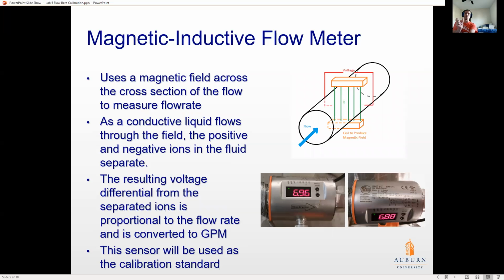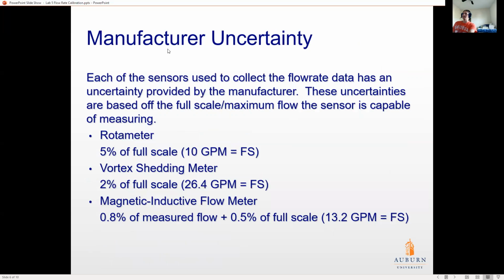And so you get more separation and you measure a larger difference in voltage across the thing. So that's how it's relating the speed of the water to the output of the sensor. So that voltage difference gets bigger the faster the water's flowing, and then it turns that into the flow rate. So this sensor, the magnetic inductance meter, is going to be the standard.